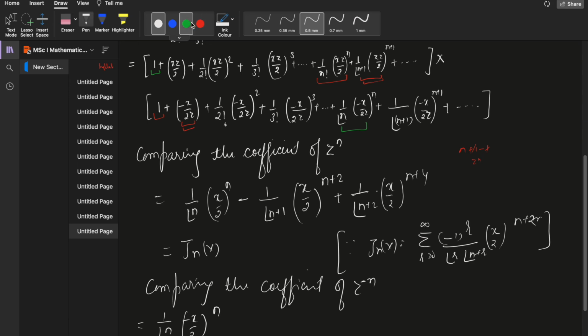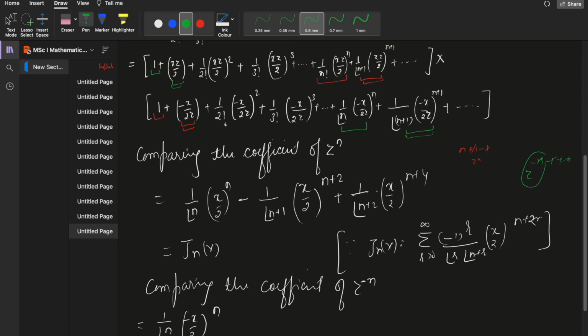Alright. Now where can I find the second term? If I multiply this term with this term, because here in the denominator we have z to the power n minus 1, when I multiply with this term, I can write z as minus n minus 1, and here is plus 1.